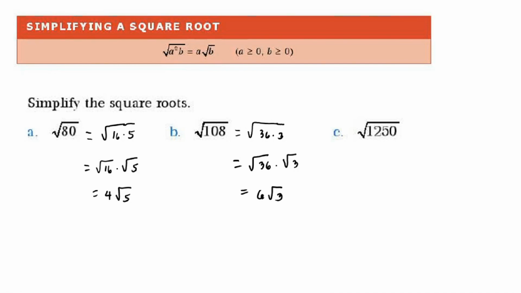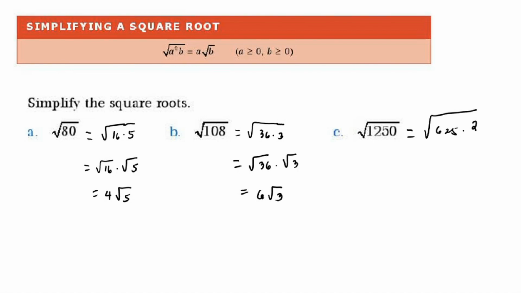What about now the square root of 1,250? What do you think are the factors for that? I guess the factors for this, we have the square root of 625 times 2. 625 times 2 is 1,250.